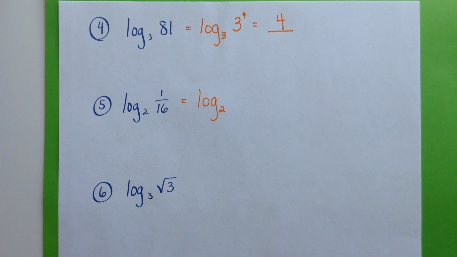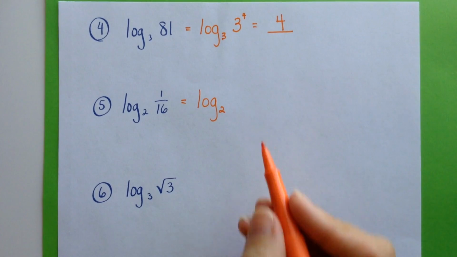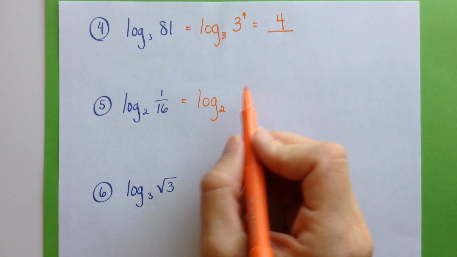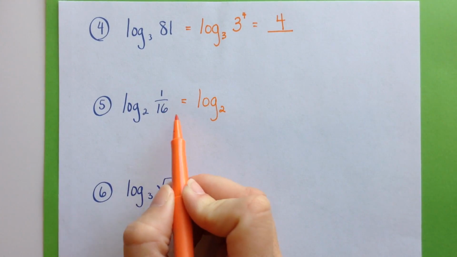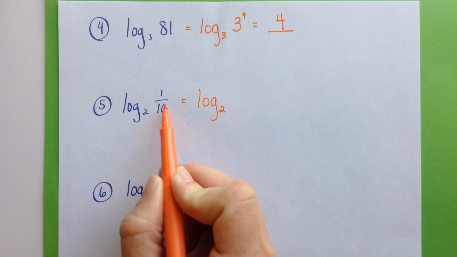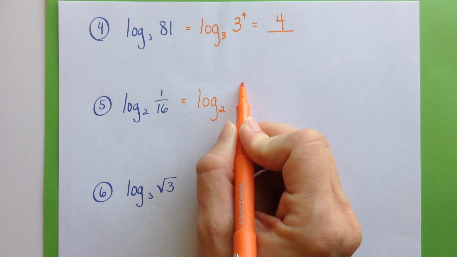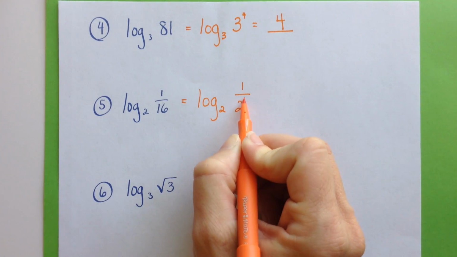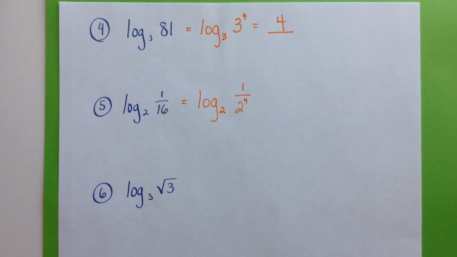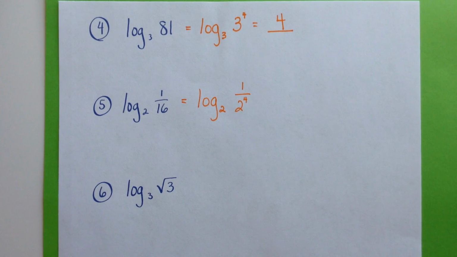Two things we're going to need to do to this problem, and I'm going to do it in two steps. Because you have a fraction, well, before I deal with that, since this is a 2, I need to get a 2 going right here. So I can change the 16 to be 2 to the 4th. So 1 over 2 to the 4th is the same thing as 1 over 16.